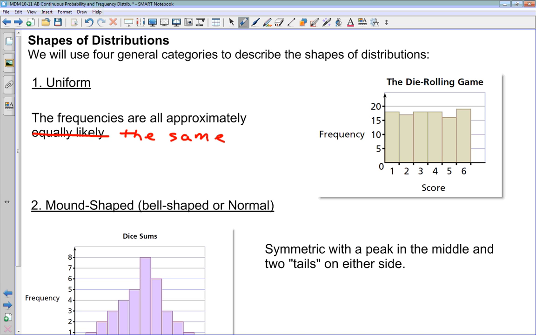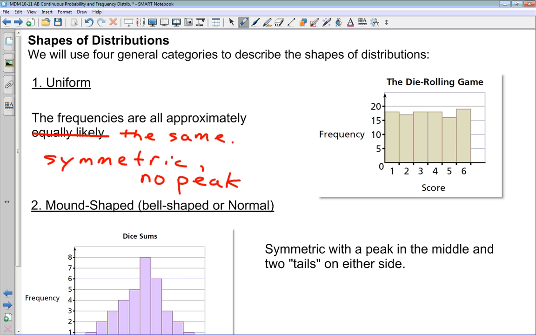We expect this because our probabilities are all equally likely: the probability of getting a 1, a 2, a 3, or a 4, and so on. So what we see in a uniform distribution is that our distribution is symmetric, which means the left side of it looks pretty much the same as the right side. And we don't see what we call a peak in the distribution. There's no value that seems to be more likely than any of the other values.